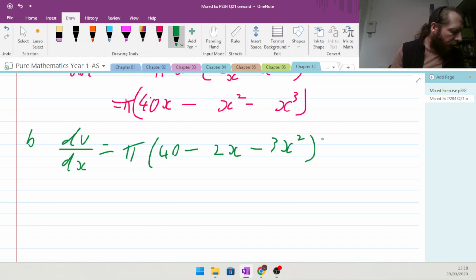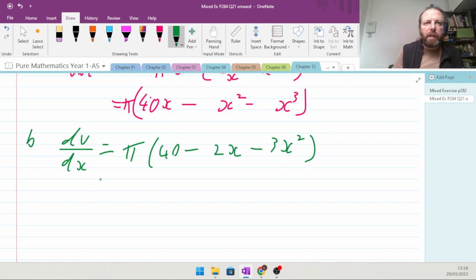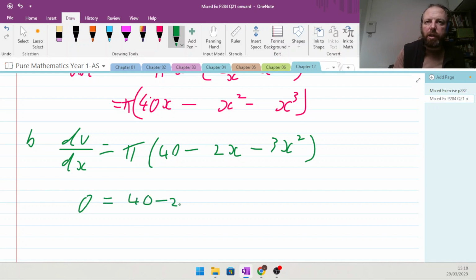Then they want us to find the positive value of x for which V is stationary. So we set that equal to 0, divide by the pi, to give 40 minus 2x minus 3x squared equals 0, and so x is equal to, I'm going to grab a calculator to use the solve function.